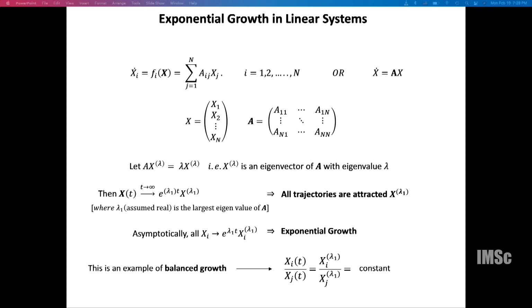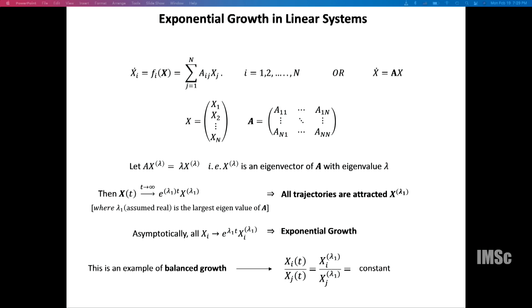Let lambda 1 be the largest eigenvalue of A, which is a matrix, and x lambda 1 the corresponding eigenvector. The eigenvector of A corresponding to its largest eigenvalue is basically the attractor of all trajectories. Trajectories starting out with any initial condition will eventually converge and start growing along that direction.